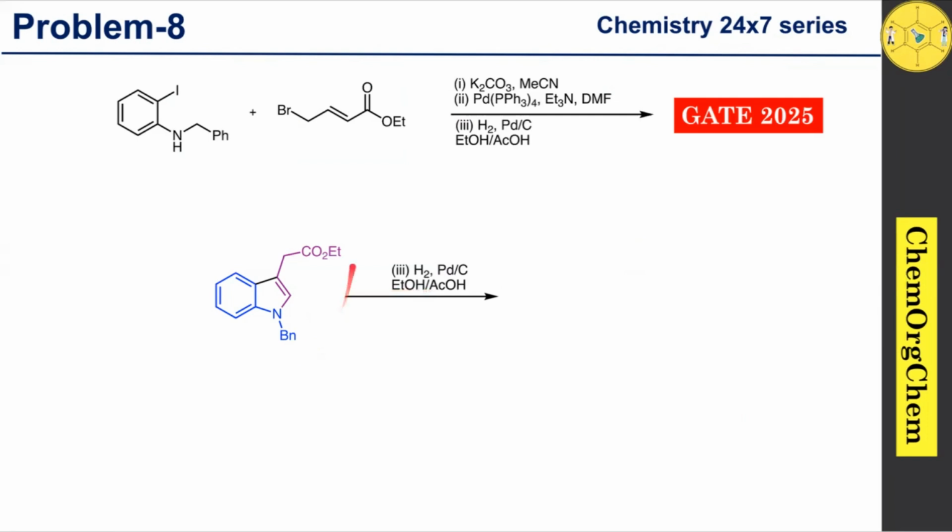Here you can see that in our product one N-benzyl group is present, so definitely this N-benzyl group can be cleaved under this condition. Next we should figure out whether this alkene is reducible or not. In general, the aromatic core is not affected by palladium on charcoal under hydrogenation conditions, which leads to this respective product.